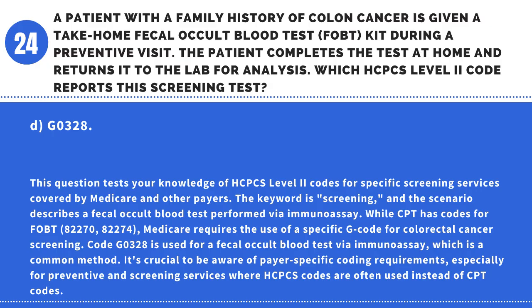While CPT has codes for FOBT, 82270 and 82274, Medicare requires the use of a specific G-code for colorectal cancer screening. Code G0328 is used for a fecal occult blood test via immunoassay, which is a common method. It's crucial to be aware of payer-specific coding requirements, especially for preventive and screening services where HCPCS codes are often used instead of CPT codes.